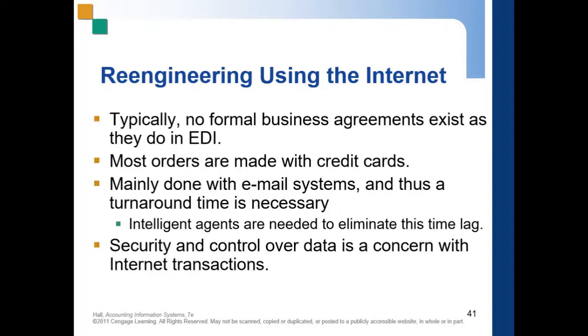So security and control is a concern because, again, the internet is very prone to hacking. What if that supplier is fraudulent, whose only aim is to get your credit information? So you should be cautious when you do transactions online.